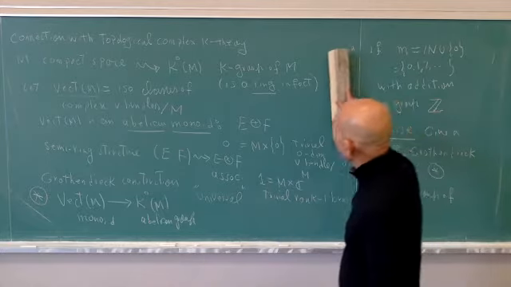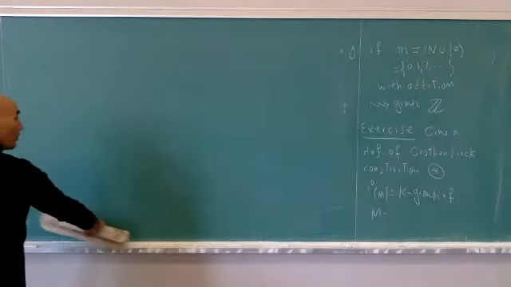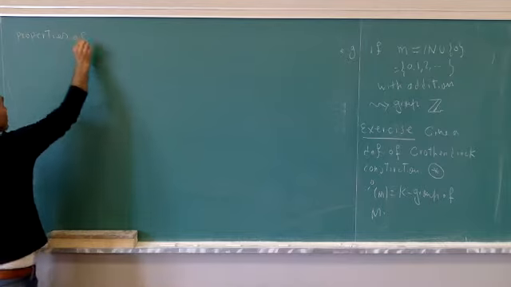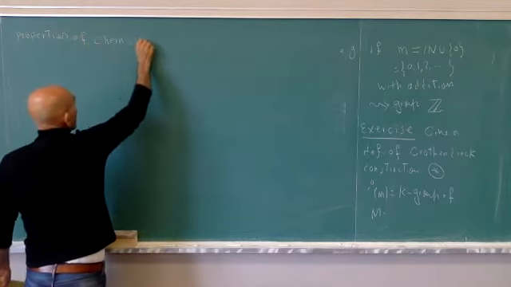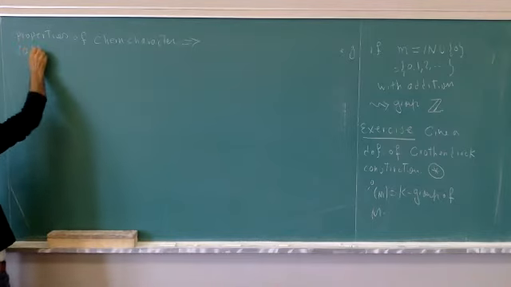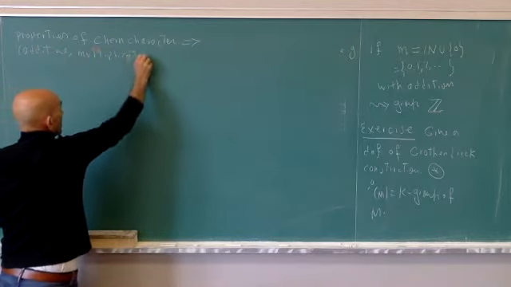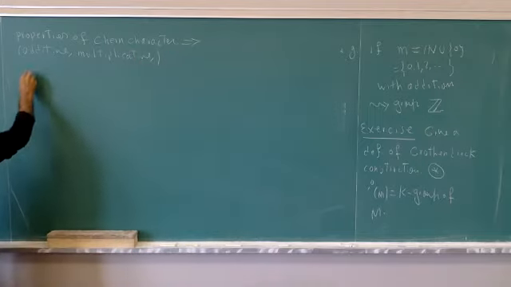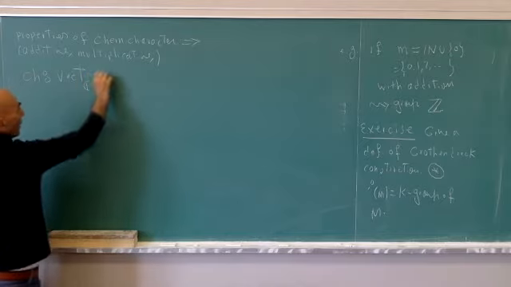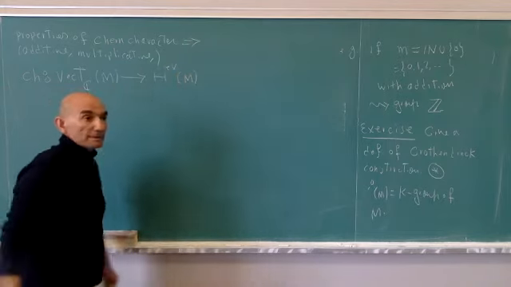Now, let's see how this Chern character relates to this construction. The way we define the Chern character is by properties. The properties, I mean the additive and multiplicative properties, imply that this Chern map going from vector bundles, so I emphasize we are talking about complex vector bundles, over M, to H even of M, is a map of semi-rings.